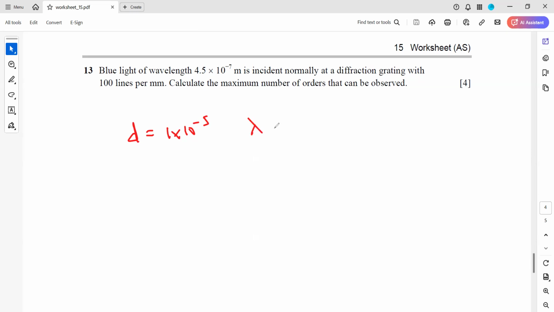And the wavelength, lambda, is 4.5 × 10^-7 meters. We are finding the maximum order of the maxima, so just use d sin theta equals n lambda, where n is the order of the image.